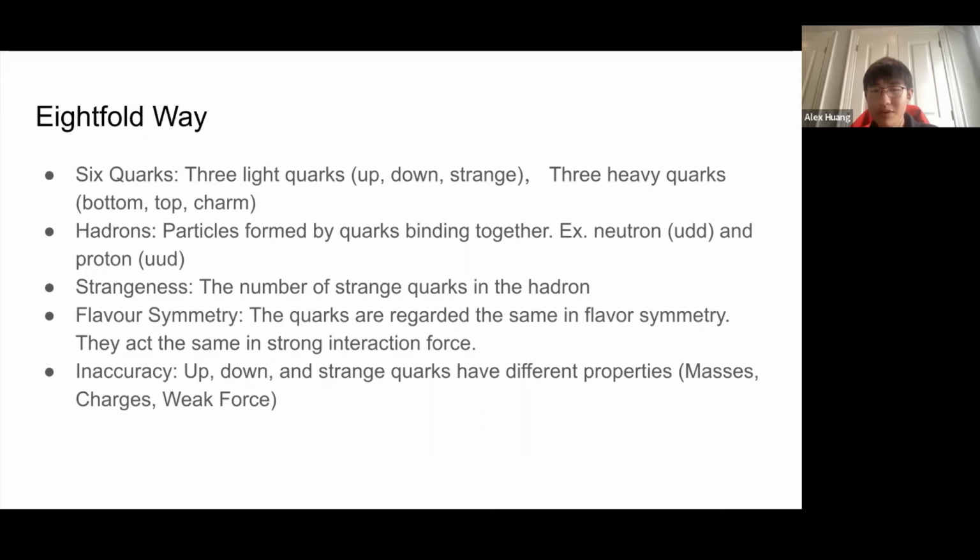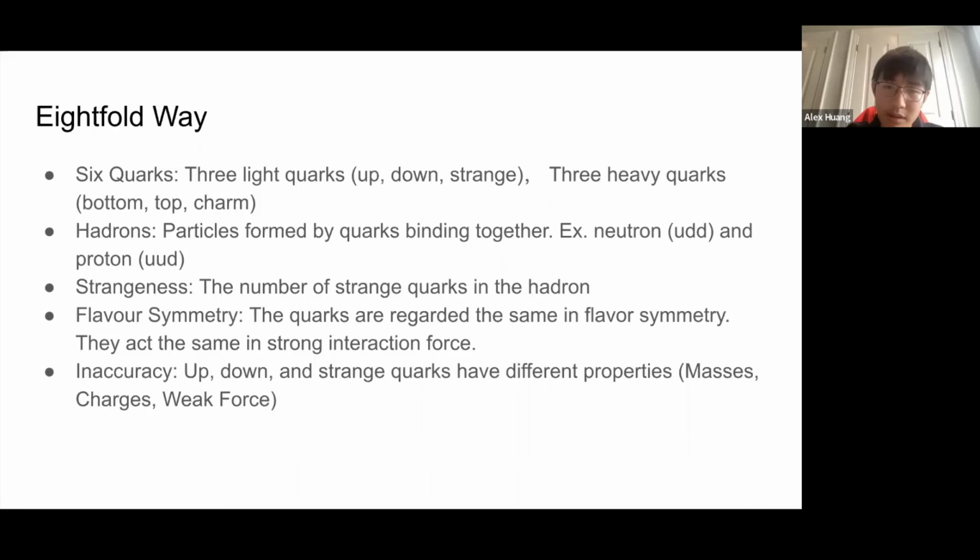And we can do what's called a flavor rotation. You can rotate the up quark to a down quark and back to an up quark. And by changing this, we build up a relationship between different particles, and these particles behave the same way under the strong interaction force. Basically, the flavor symmetry says the quarks are regarded as the same. However, this symmetry is not accurate because up, down, and strange quarks have a variety of different properties.